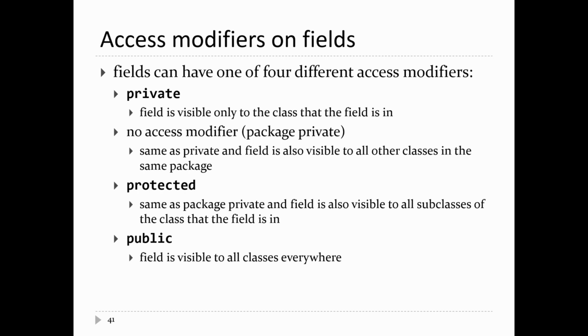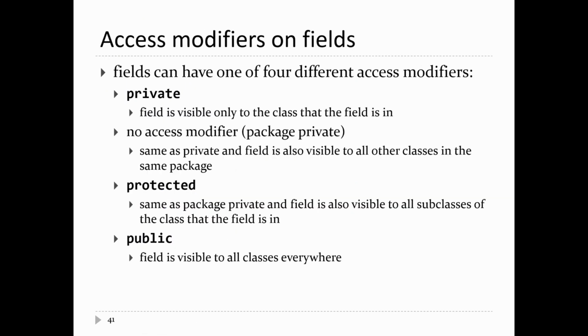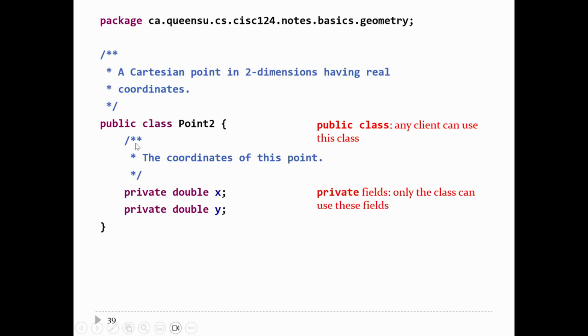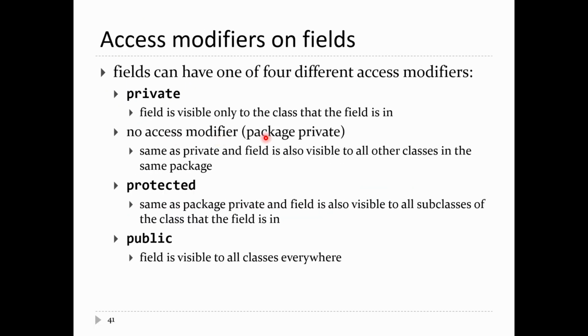You can also have access modifiers on the fields themselves. Here we've marked the fields as being private. Fields have 4 different access modifiers. Private means visible only inside the class itself. Typically, that's your default choice for access modifier. If you have no access modifier, so if we had just written double x and double y, that means package private access.